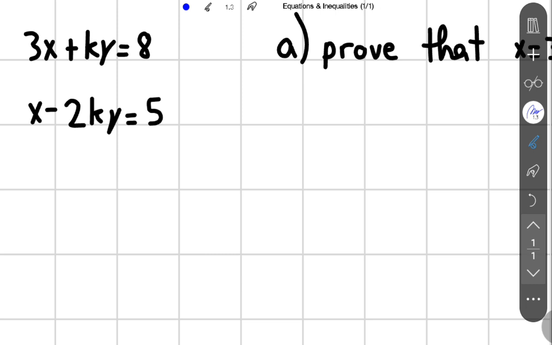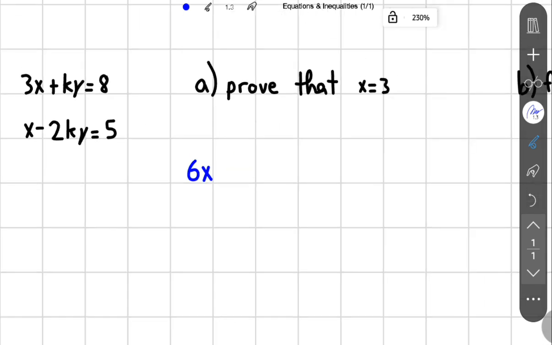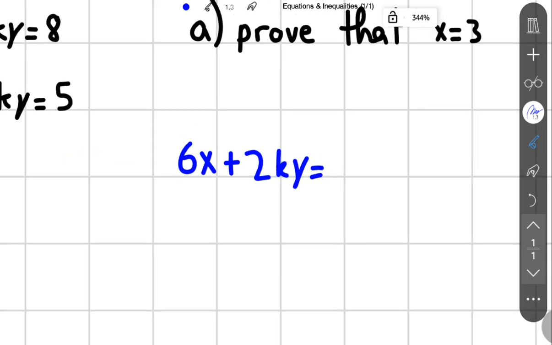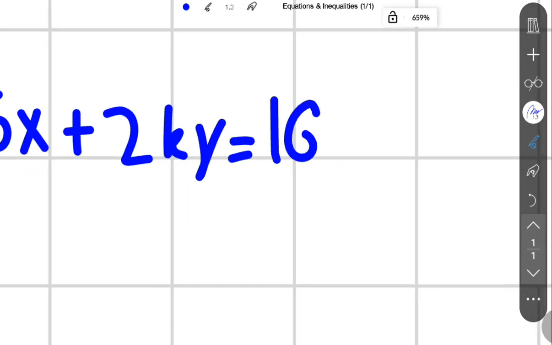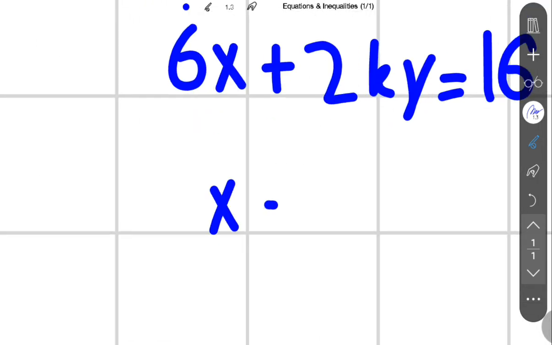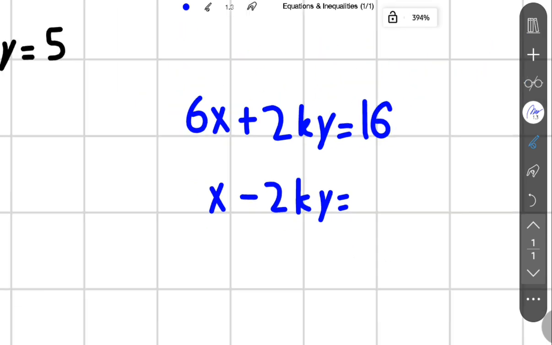We'll have 6x plus 2ky equals 16. And we have the second expression as it is: x minus 2ky equals 5.